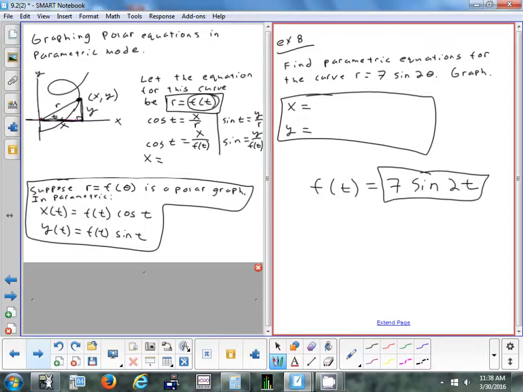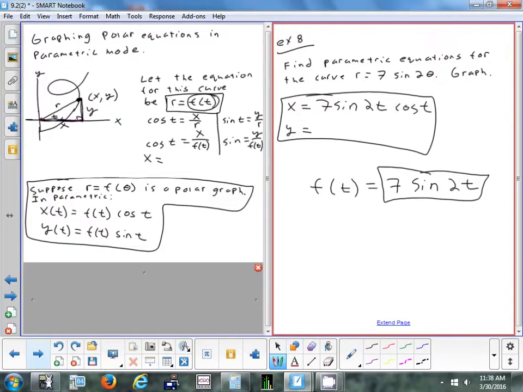Here's your function that generates the radius. But you want to now separate the radius into your horizontal and vertical components. So what do I multiply this by to get the horizontal component? Yep, cosine t. So 7 sine 2t cosine t.